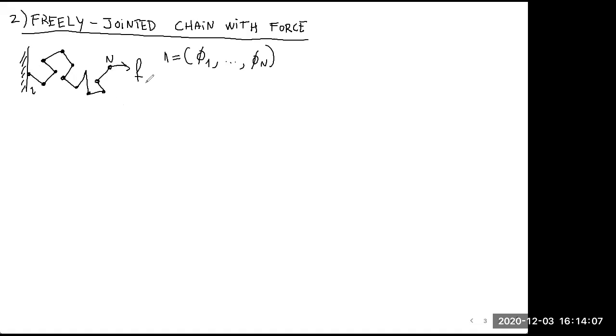Now we can say what the length is. The length for a configuration n is what I said before, the projection on the x-axis, the sum of cos phi i. And from here, we can define the partition function simply as the sum over n of e to the minus beta (E_n minus F L_n).